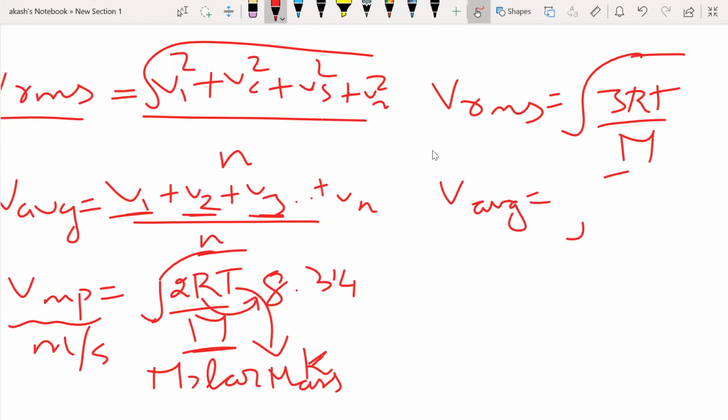It's going to be root of 8RT by pi M. Pi again is 3.14. Rest all the things are the same. Is M also under the root? Yes, M is under the root. Everything is under the root. That's my handwriting, please bear with it.